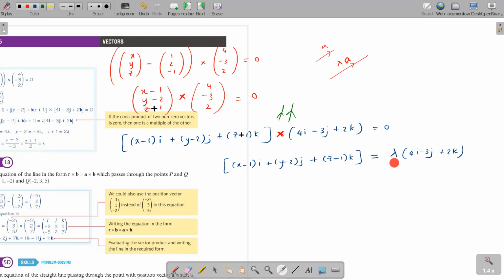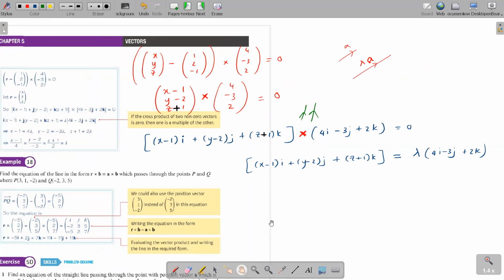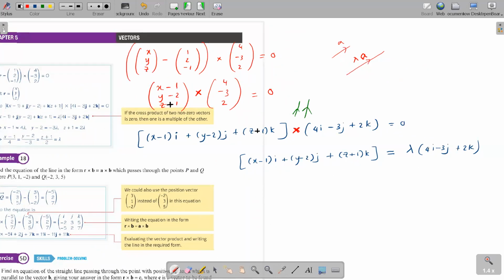And you all remember, then we simply compare i, j, k. When you compare the i component, you get x minus 1 equals 4 lambda. Children, are you okay with it? When you compare j, you get y minus 2 equals negative 3 lambda.